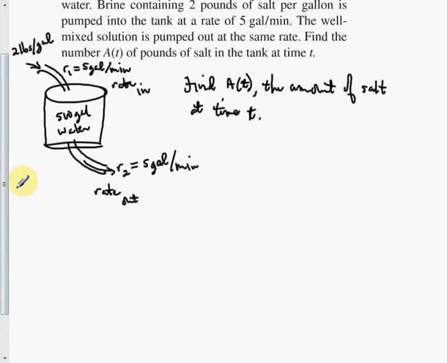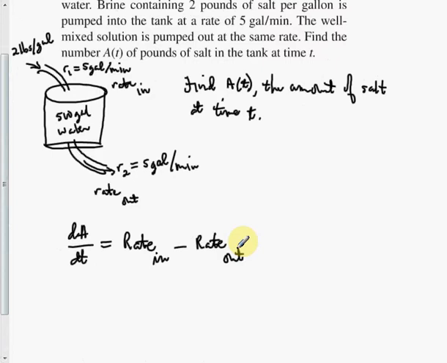The differential equation simply says that dA over dt, the rate of change of the amount of salt at some given time t, is equal to the rate in minus the rate out.